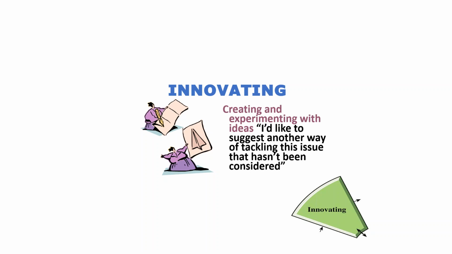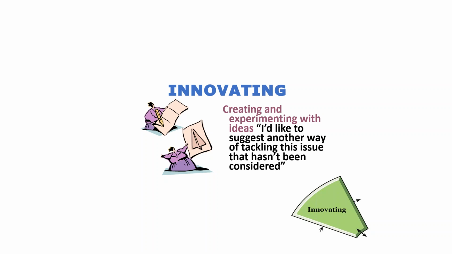People who are quite innovative, who like playing that role in the team, will often say things like, I'd like to suggest another way of tackling this issue that hasn't already been considered. These people will often think outside the square. They'll come to the team meeting with another proposition or another idea, or another way of looking at things.